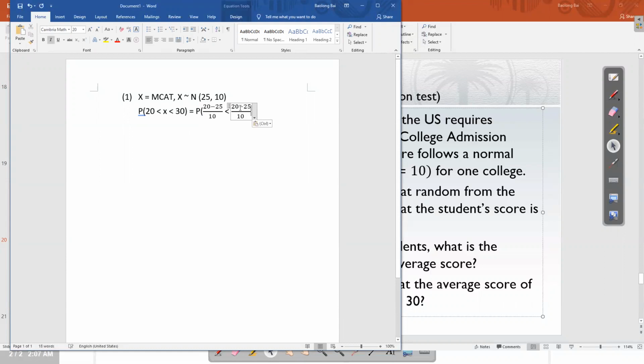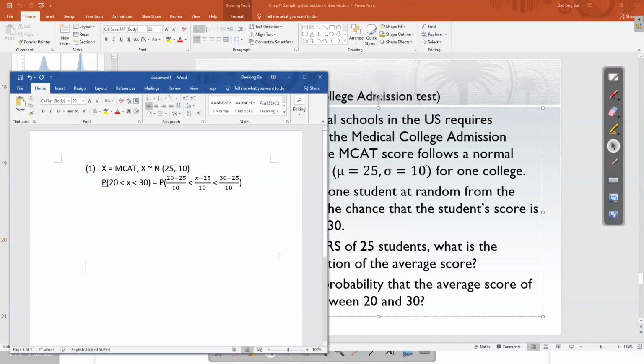And on the right-hand side, same thing, except that the boundary is 30 now. So z equals x minus mu divided by sigma. Then it will become the probability of a z event.